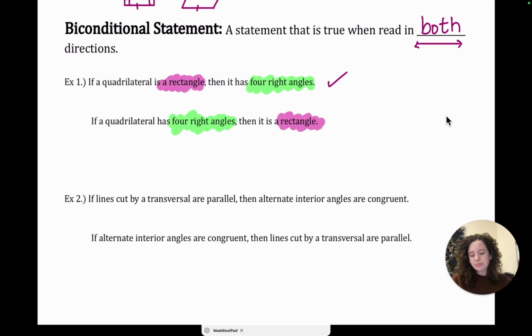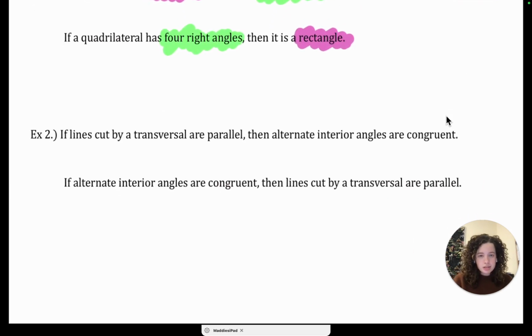All right? The other little example here is going to connect us into our lesson for today. If lines cut by a transversal are parallel, then the alternate interior angles are congruent. That is what we talked about yesterday, or in 3.2, which may have been yesterday, may have been a few days ago, depending on when you're watching this.